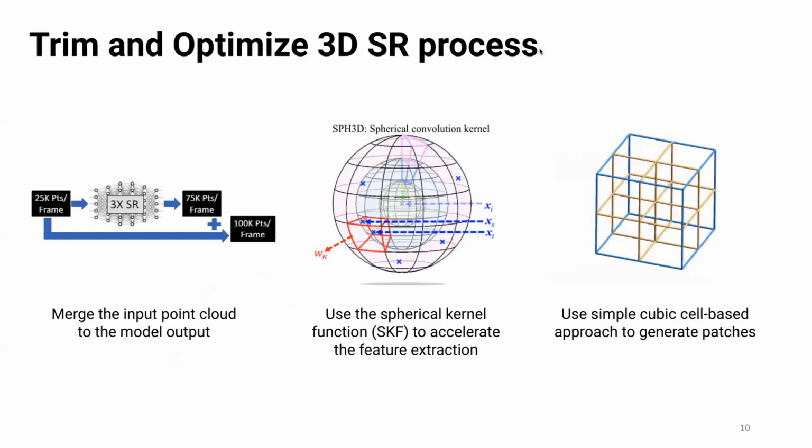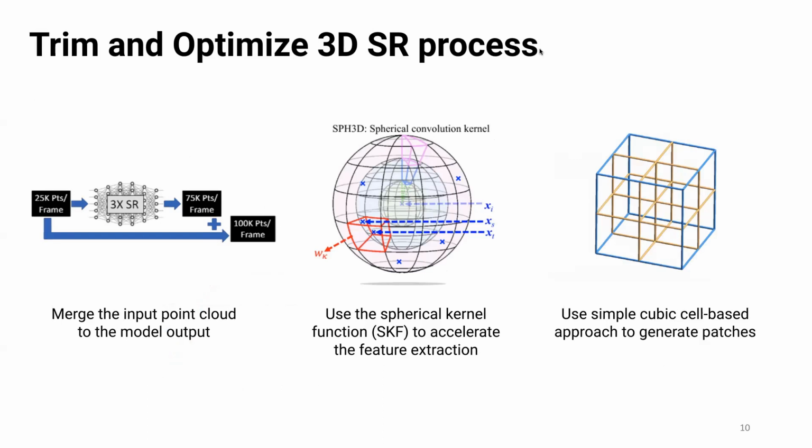And they did some trim and optimization process for the SR inferences. First one is kind of a clever trick that can be applied to the point cloud case. When we think of using 4x super resolution, we usually think that for the 25K points input, we do the 4x super resolution.